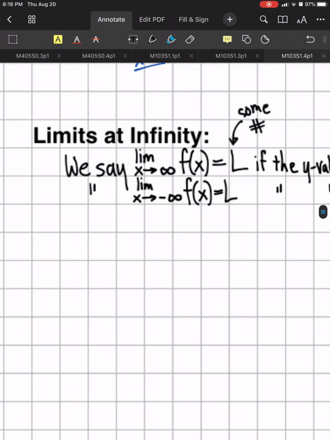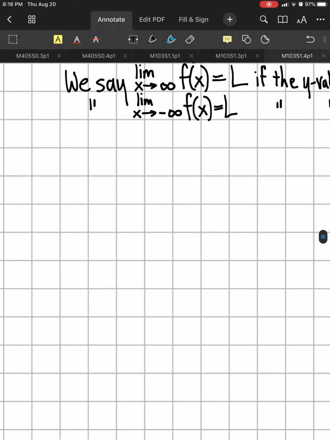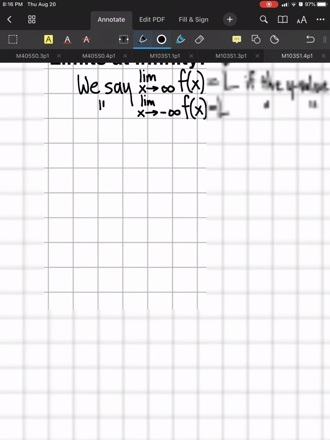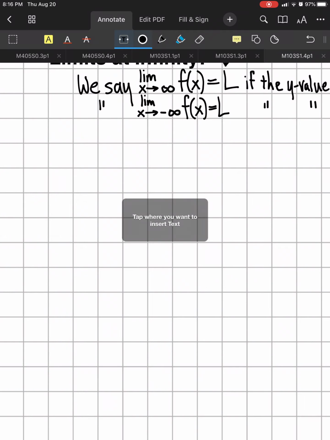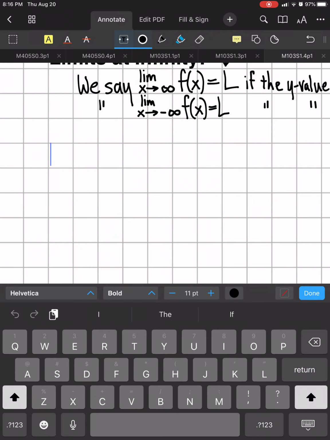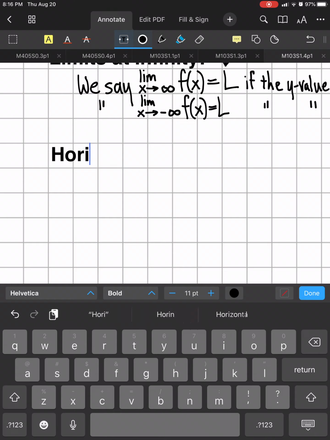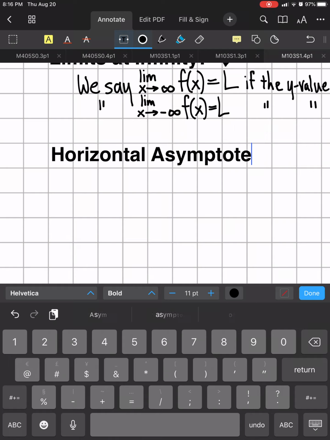Now, also though, this ties into a horizontal asymptote. In fact, let me type this out here. There we go.